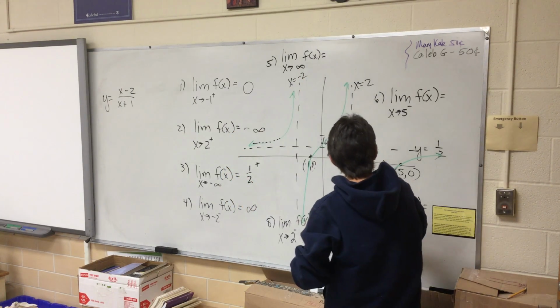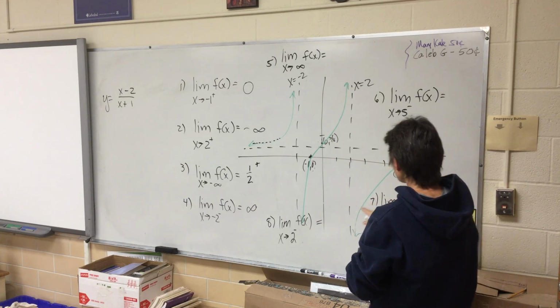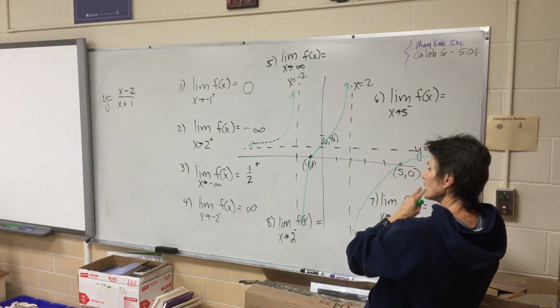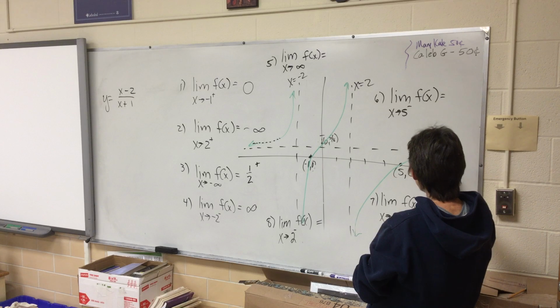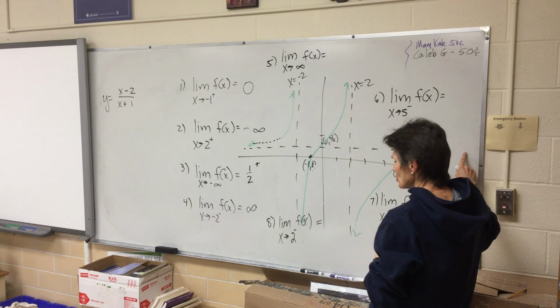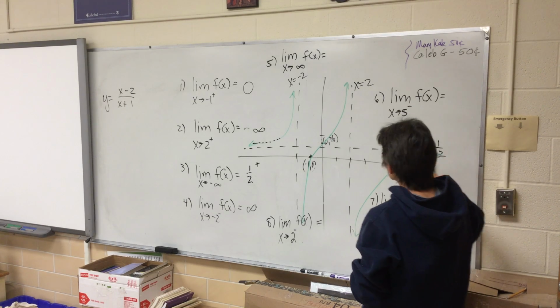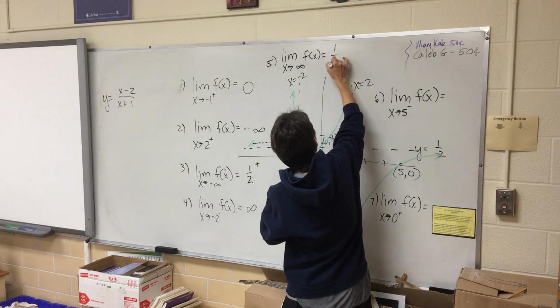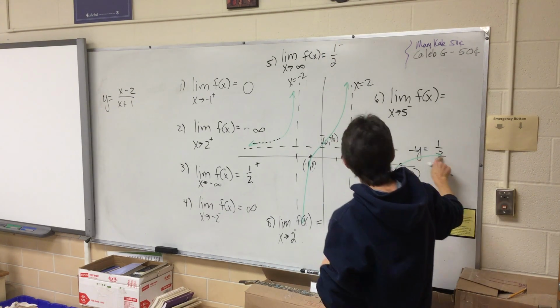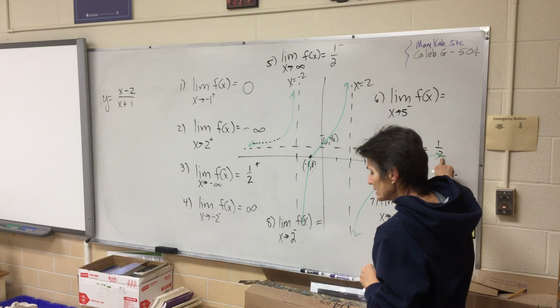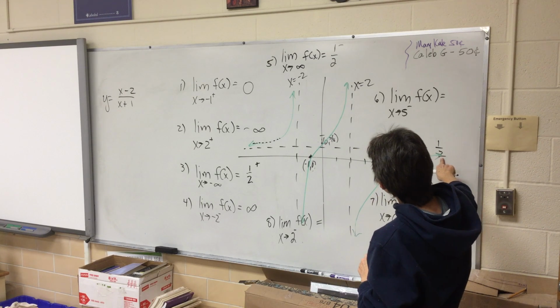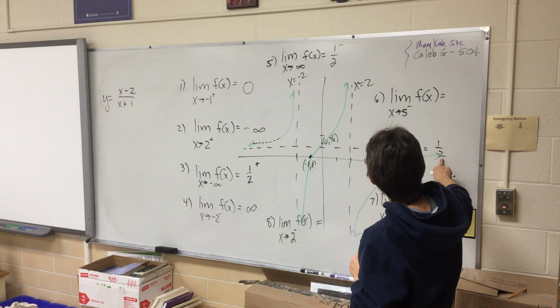So as I follow my curve and go to the right, as far as I can go, just keep going, going, going. What is happening to the curve? What is it getting close to? 1/2. Yep. And it's coming in on the bottom, right? It's getting closer to 1/2, but it's coming in on the bottom. Good.